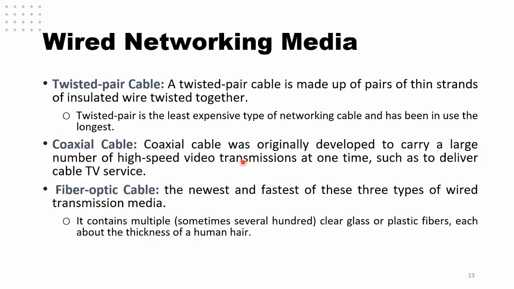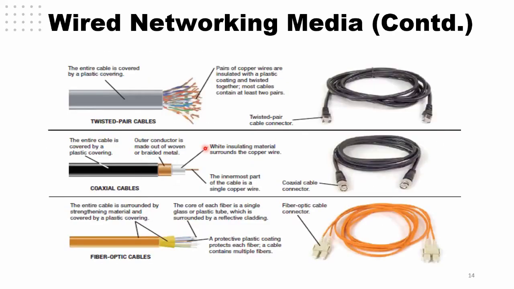You can see this coaxial cable here. It has four layers: the innermost layer has a copper wire, covered with a white insulating material, then with a woven or braided metal, and then covered with a plastic covering as the outermost layer.